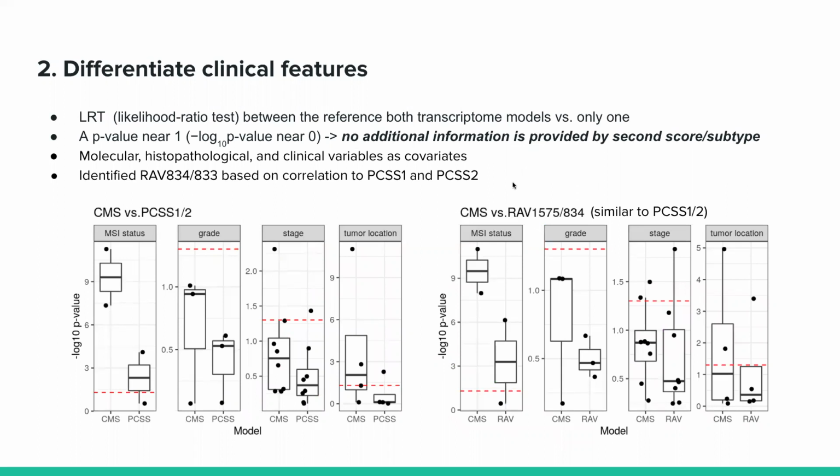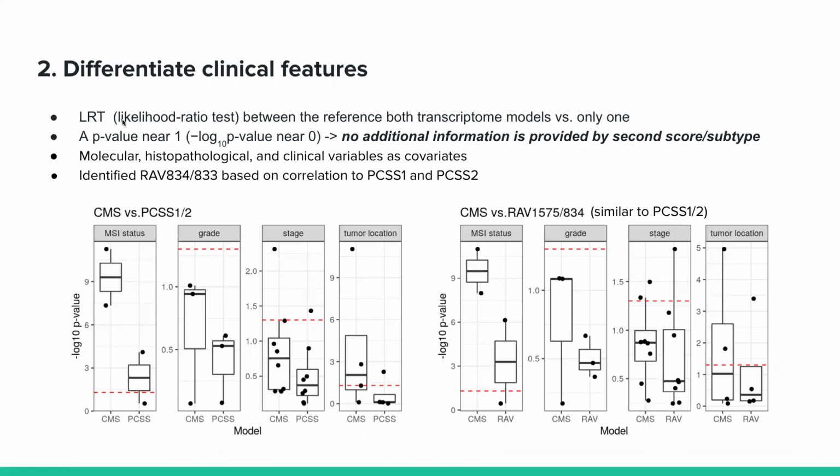But they're related, are they better or are they worse? This was an attempt to assess whether they were more or less representative of colorectal cancer biology by their ability to differentiate clinical features. So this is a likelihood ratio test.